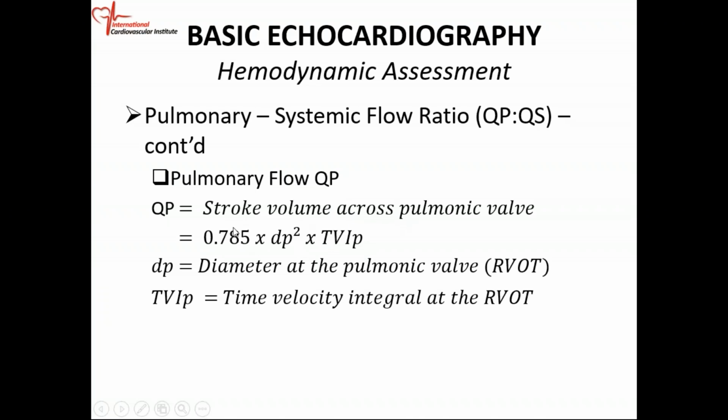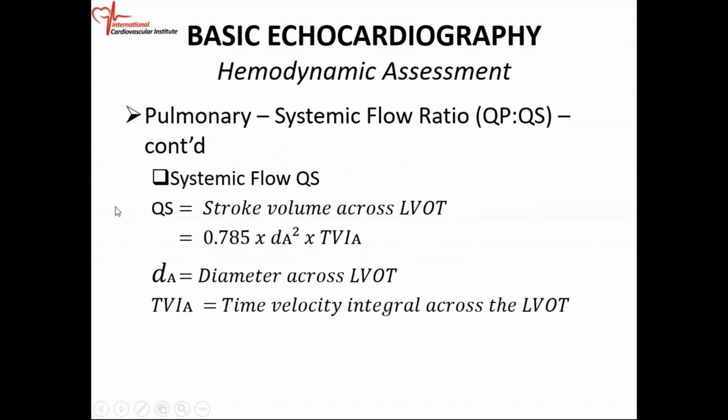I showed you how to do that. All you have to do is get your diameter across the RVOT, square it, and multiply by the TVI, and this is the stroke volume across the pulmonary valve, QP.